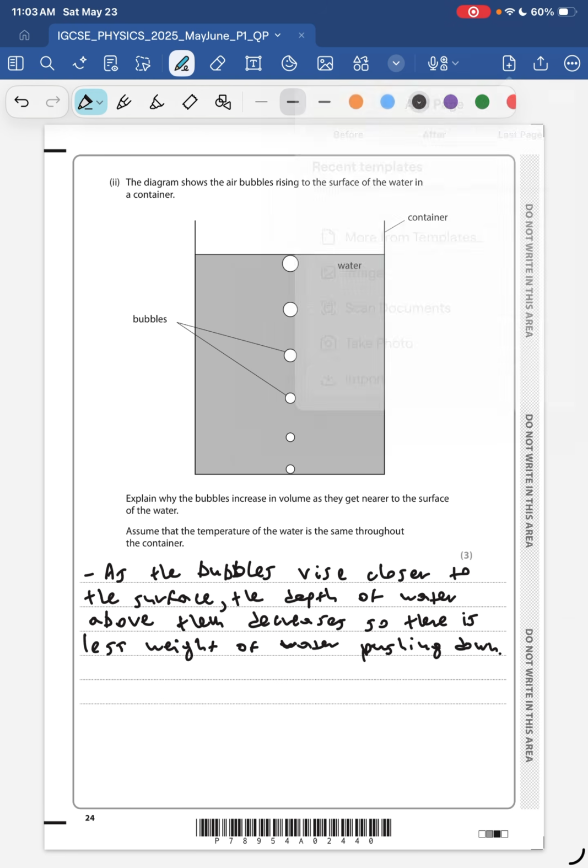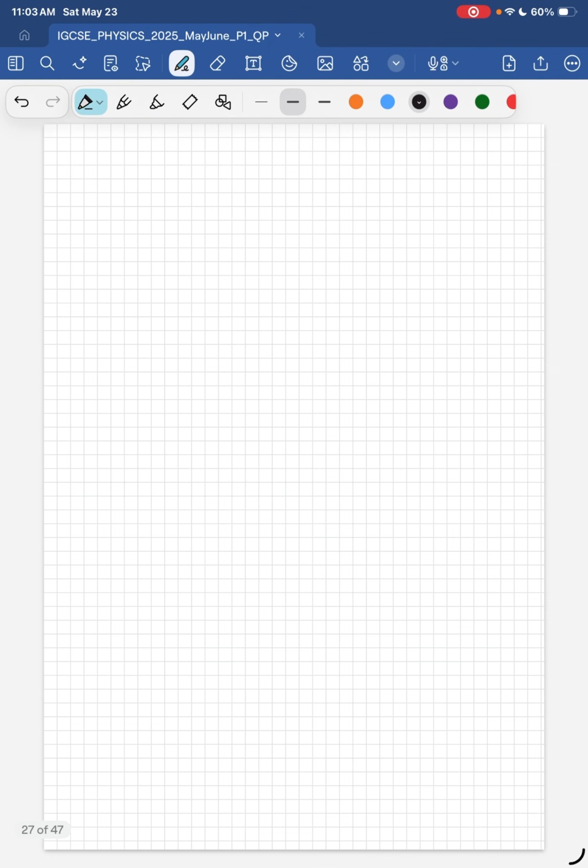I will need a clean page. This means the pressure acting on the bubbles decreases.